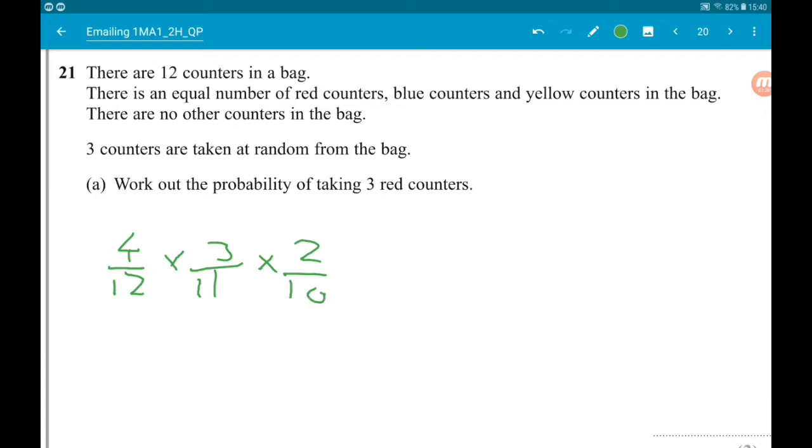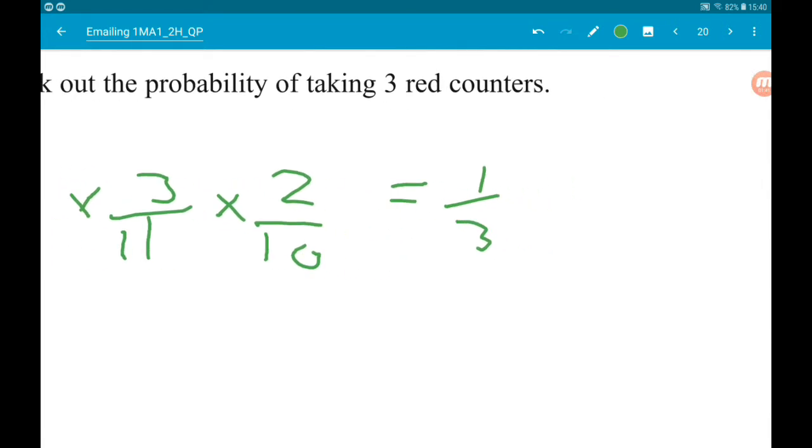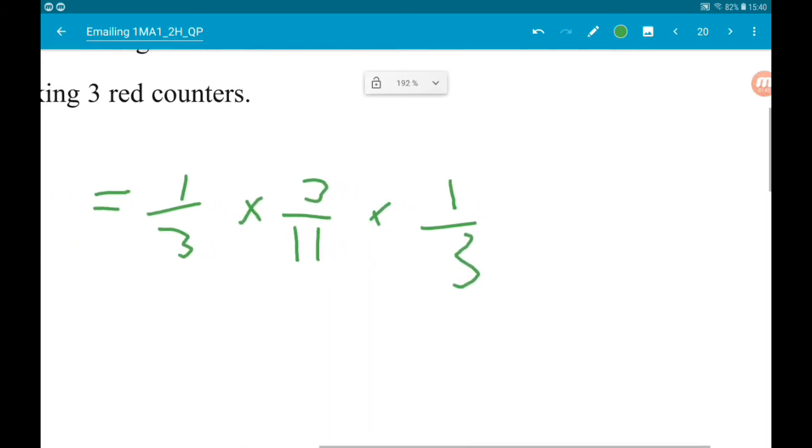So, you could work that in your calculator. It simplifies to 1/3 times 3/11 times 1/5. So that's 1 times 3 times 1 on top, so that's 3.